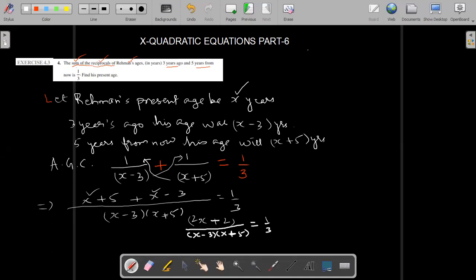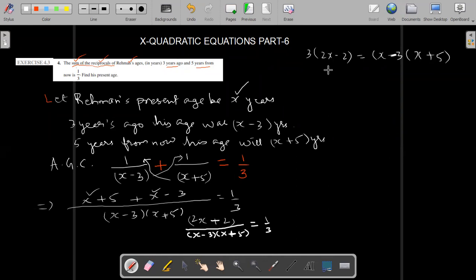Now you can cross multiply. 3 will multiply with 2x plus 2, and on the right hand side, x minus 3 will multiply with x plus 5. Now solve it.